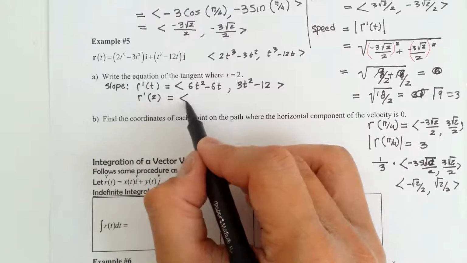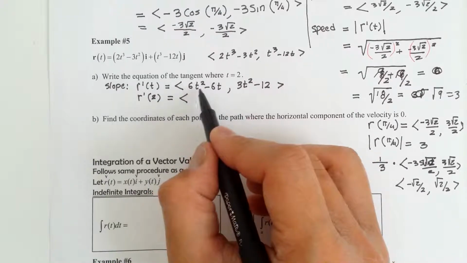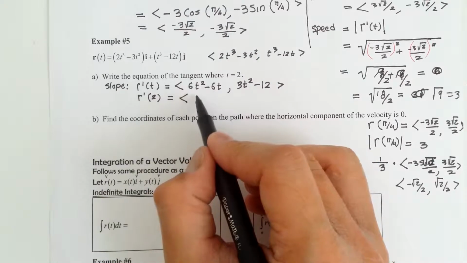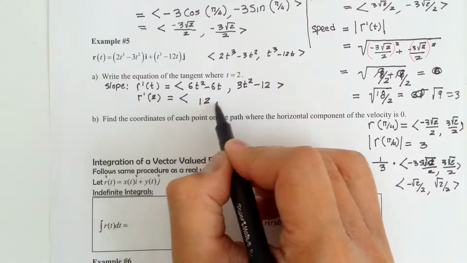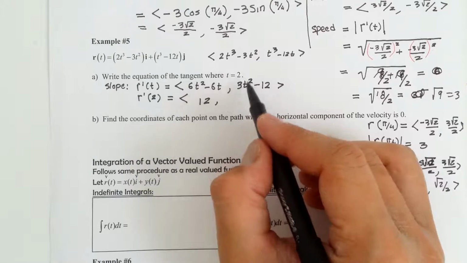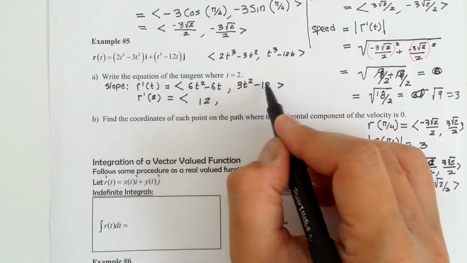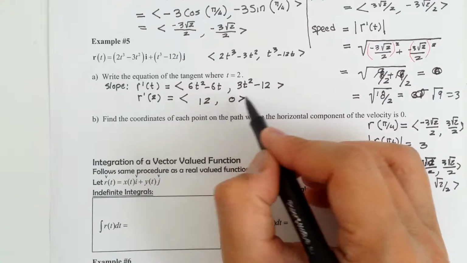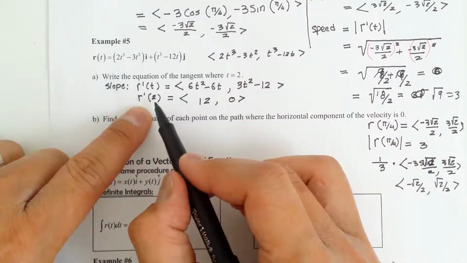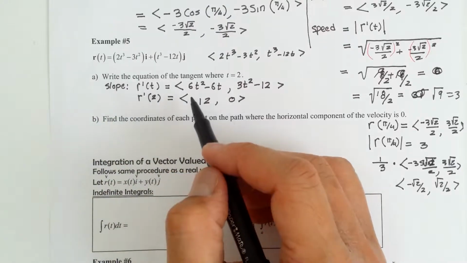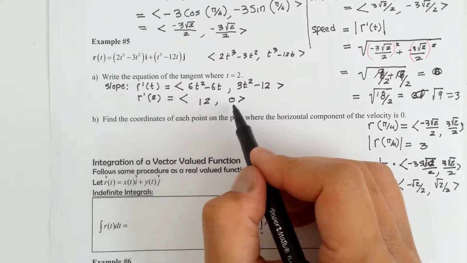Well, I'm gonna get 6 times 4 is 24. 24 minus 12, which is gonna be 12. And if I replace 2 in there, I'm gonna get 12. 12 minus 12 is really 0. Okay, so this is the velocity, right? The velocity at 2, which is 12 comma 0.